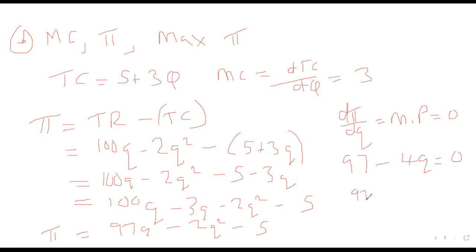So when the 4Q goes aside, it will be positive. So we divide by 4 on both sides. What is 97 divided by 4? 24.25. Correct.